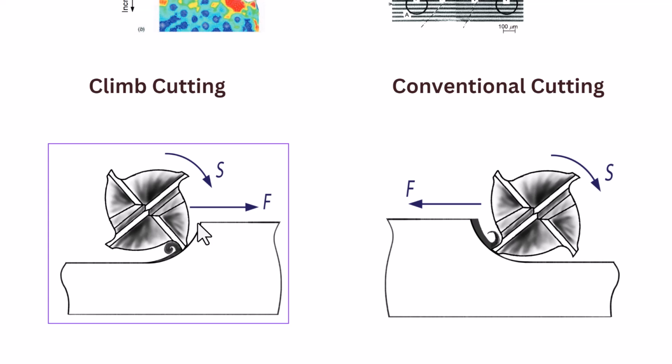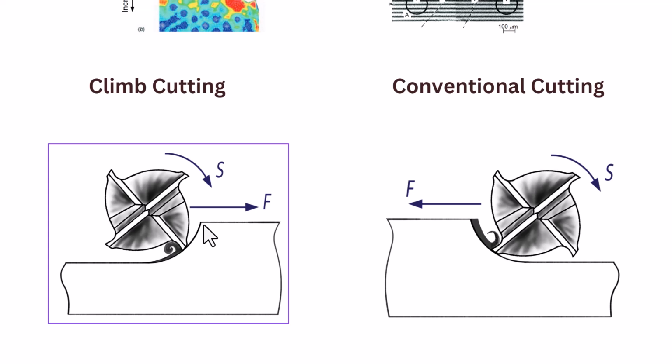So looking at this diagram of this chip, it starts out at its widest and thickest point as the tool engages the material, and then as it slices through, it comes down to the thinnest part of the material, which allows it to get a better bite on the material to begin with.